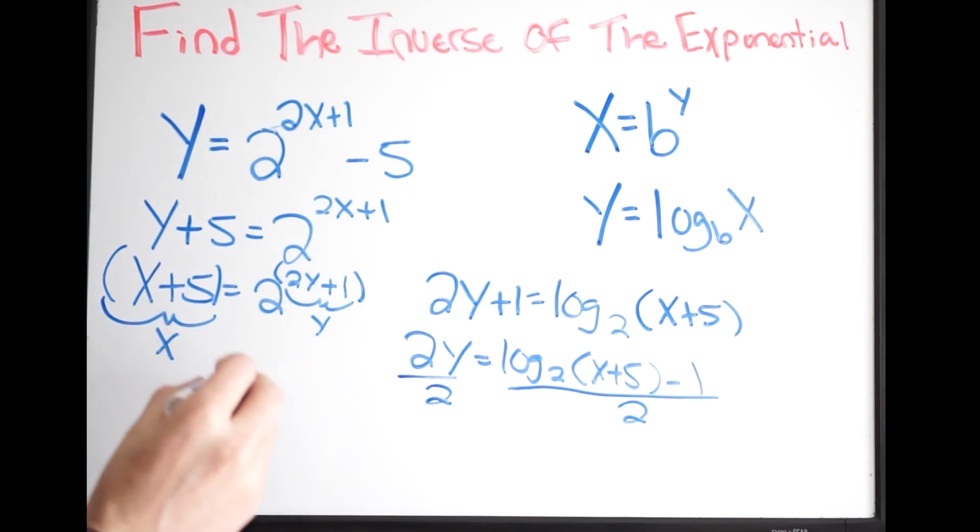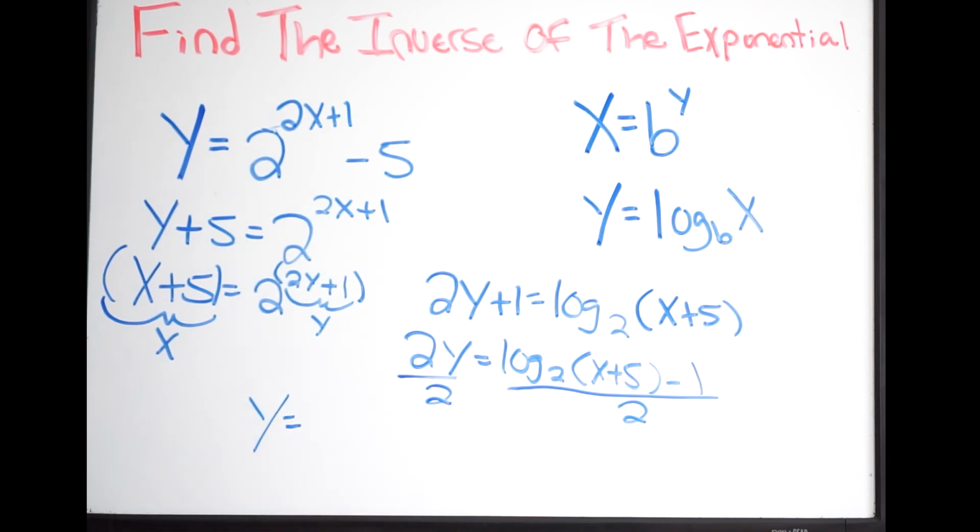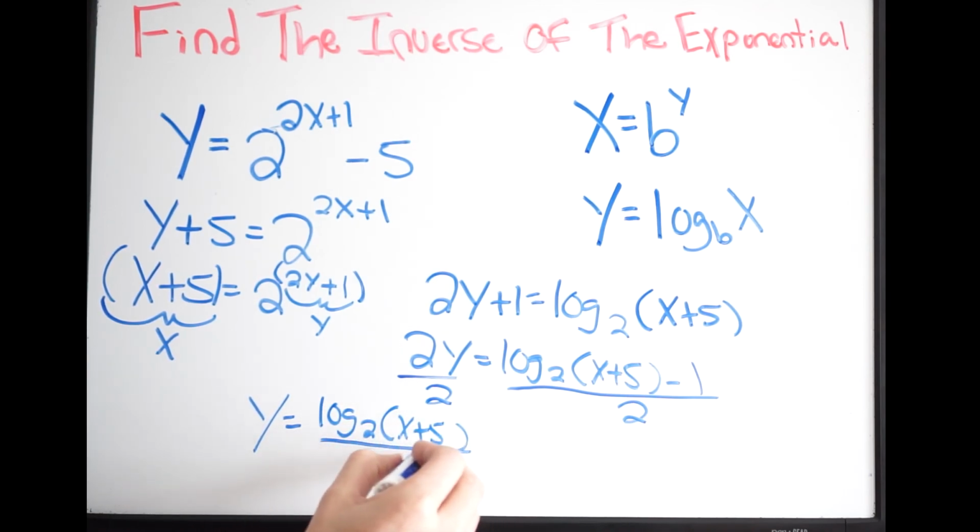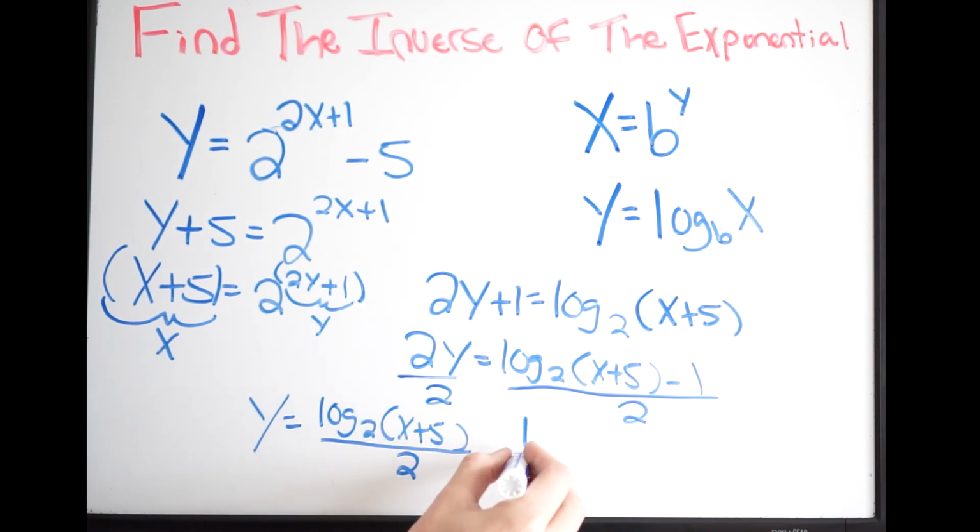So we're going to get the following. We get y equals log base 2 of x plus 5, all divided by 2. And we can go ahead and just write it like this, minus a half. Okay? And there it is. That's going to be the inverse of our exponential there.